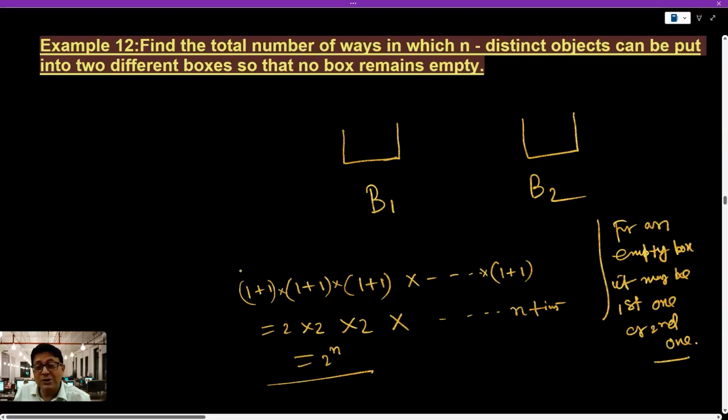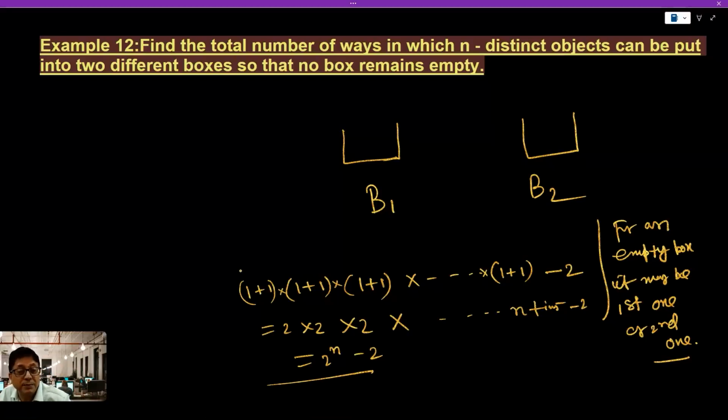So empty boxes we can get in two ways. So we have to subtract 2. Okay.